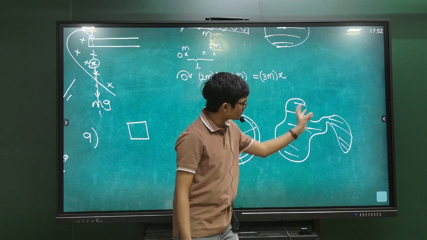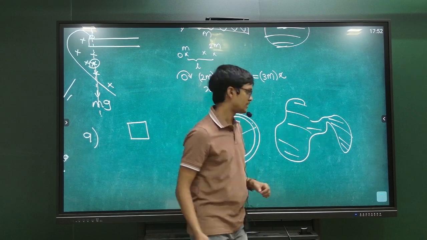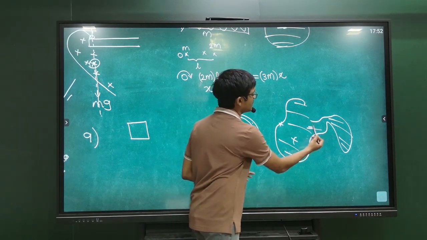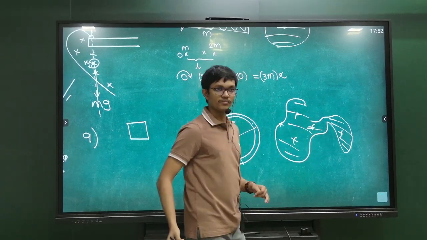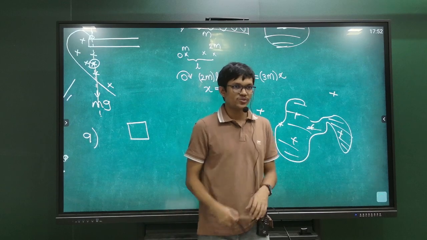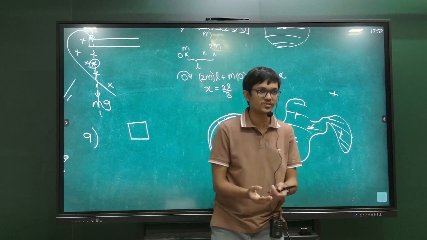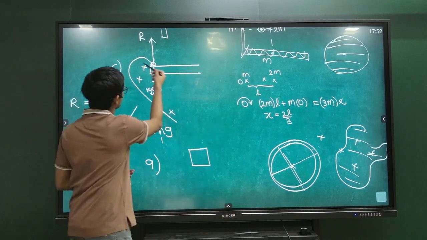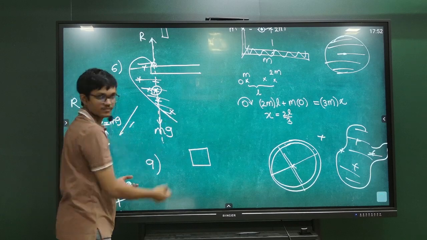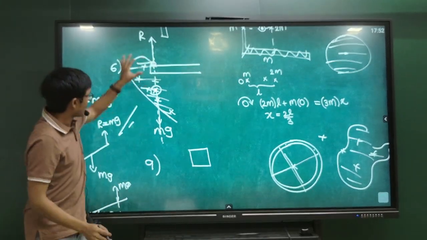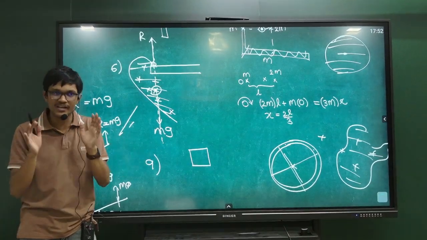The center of gravity can be on top of the wire, anywhere. But it can't be here or here. Usually it should be inside the boundary. So in this situation also, there's a certain rough boundary that it creates. I can't draw that properly.